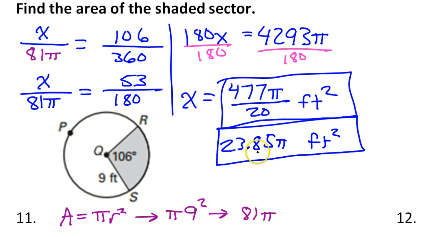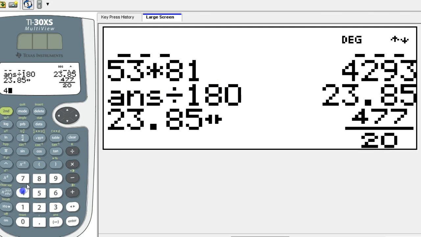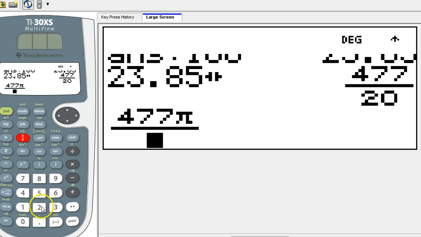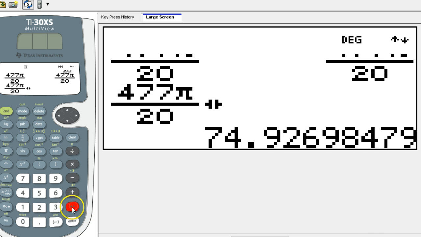Or I can just get a total decimal. I'll go back to this, 477 pi over 20. Oh, I forgot to toggle it.